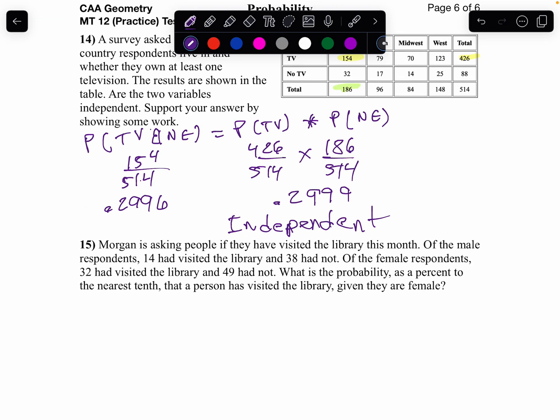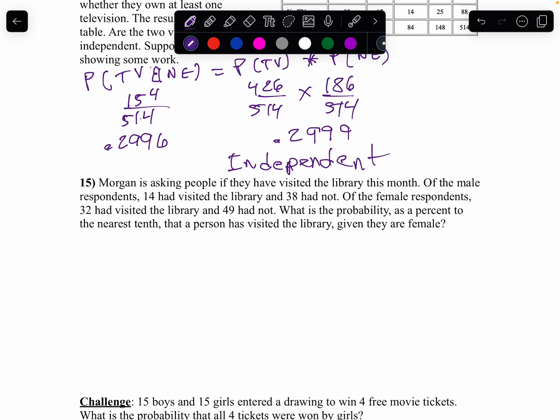Now, on 15, we got a lot of information here. Morgan is asking people if they have visited the library the past month. We have male respondents and we got female respondents. Then I want to do the probability as a percent of a person who visited the library given that they are female.